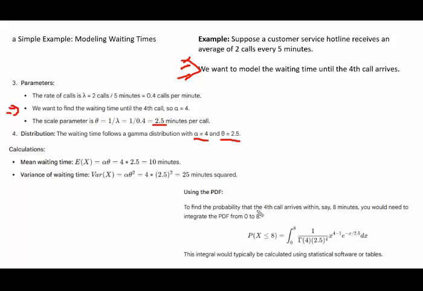To find the probability that the fourth call arrives within, say, 8 minutes, you would need to integrate the PDF from 0 to 8.